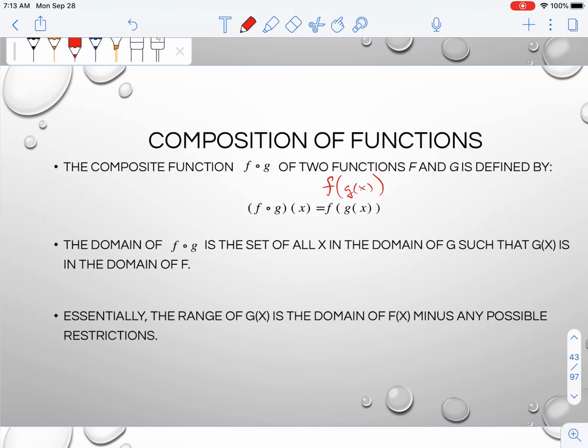So in terms of domain and range, the domain of f of g is a set of all x in the domain of g, such that g of x is in the domain of f. So what in the world does that mean? Essentially, we're going to have some set of x values that gives me the range for g of x. And the range of g of x is going to be the domain of f of x with any possible restrictions being removed.